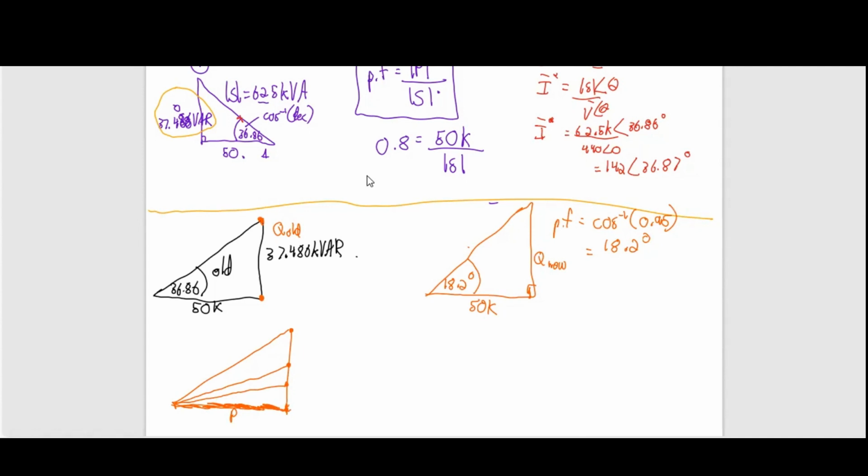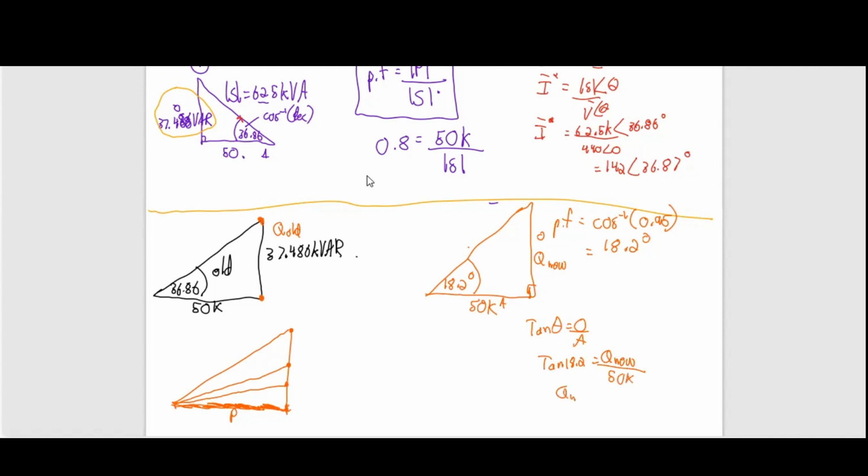Now calculate the Q new. We have an angle, and we have Q here. Using trig, tan theta is equal to opposite over adjacent. So tan 18.2 equals the opposite, which is Q new, divided by the adjacent, which is 50K.